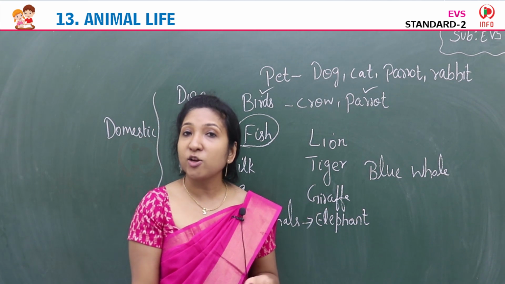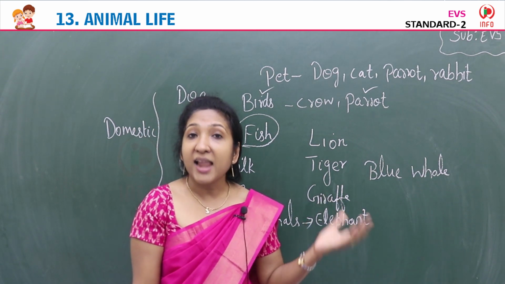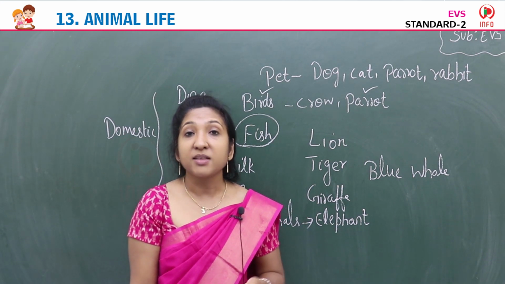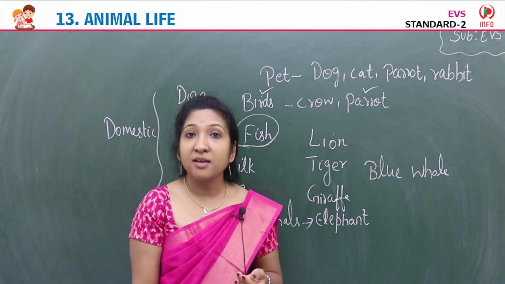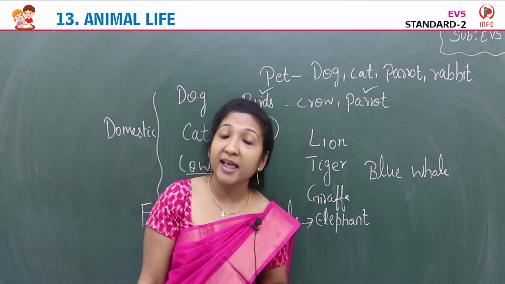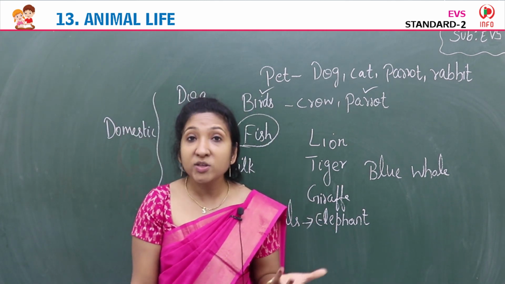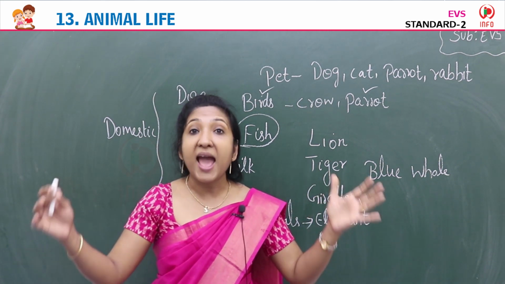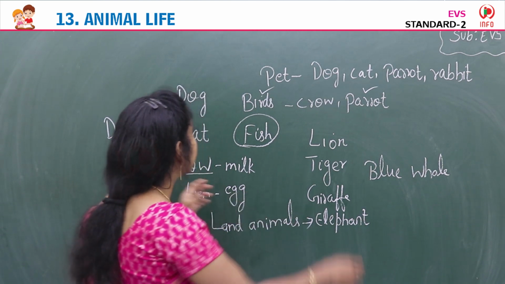They are wild animals. And the land animals include all the animals that live on land. Some animals live in water like fish. Some animals live in both water and land like frog. So today we are going to learn about these animals. Animal life. Lesson 13.